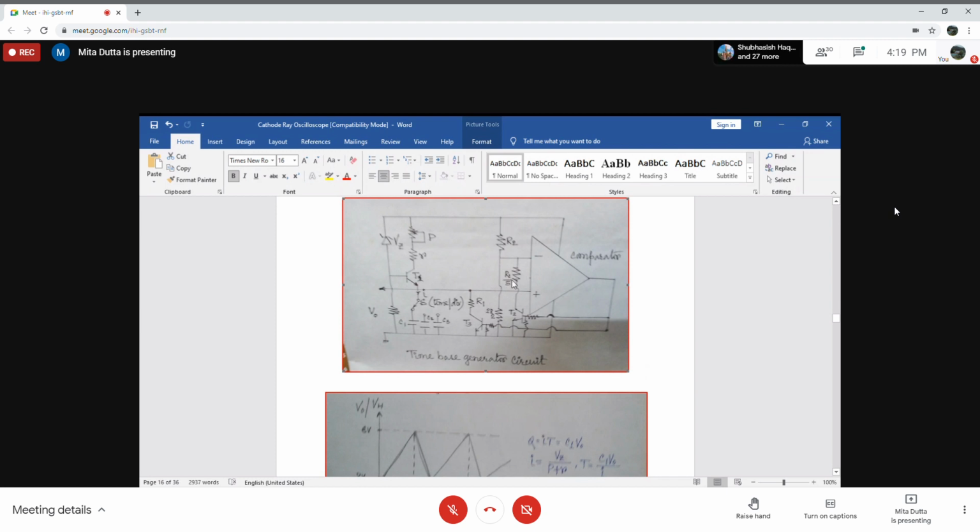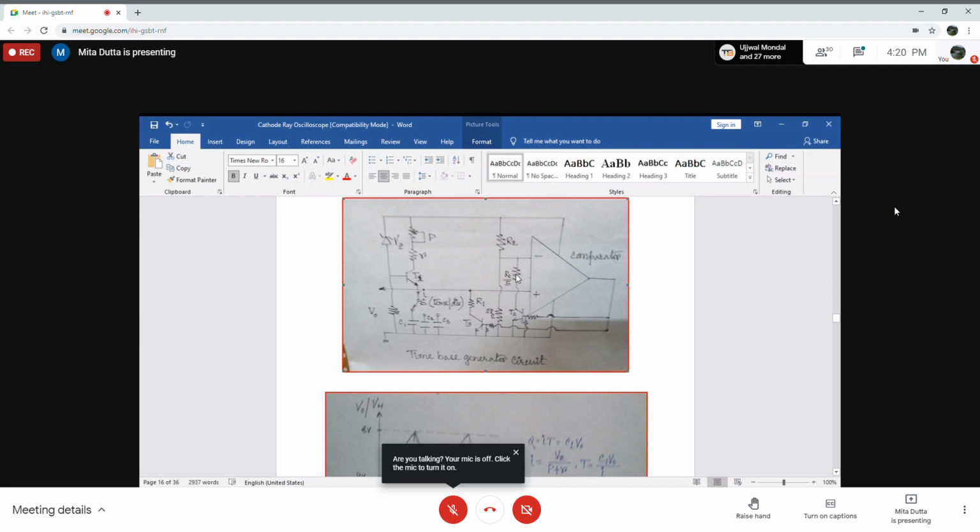So across these two parallel combination, R2 by 5 and 2R2, this will be the voltage across the negative input terminal of the comparator, and if we take VCC to be 12 volt, it is equivalent to 2 volt.